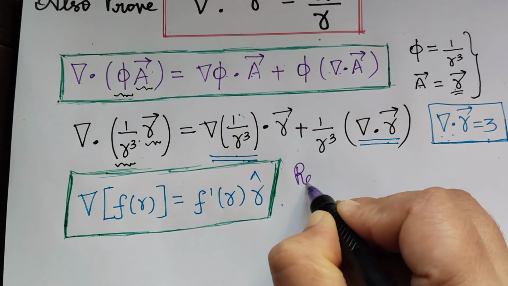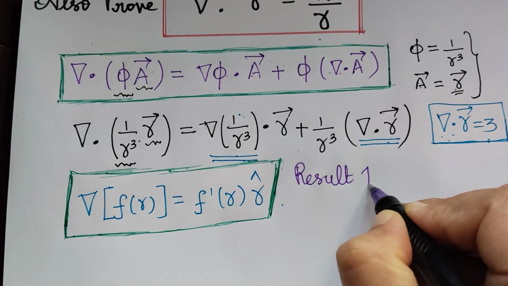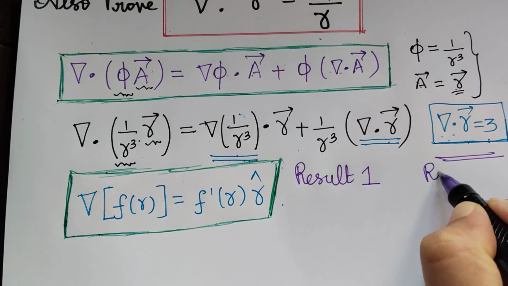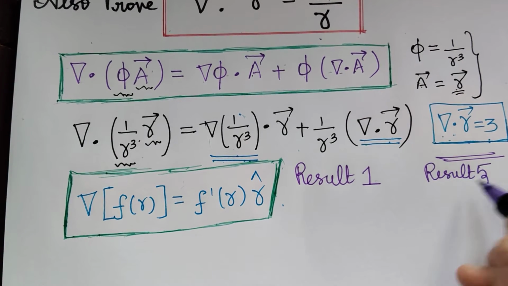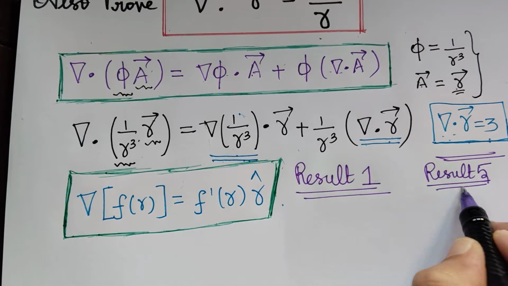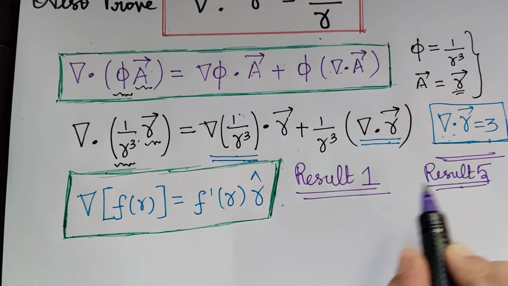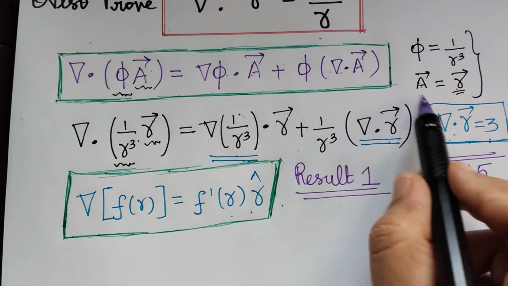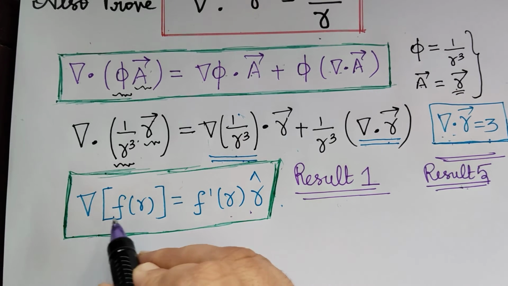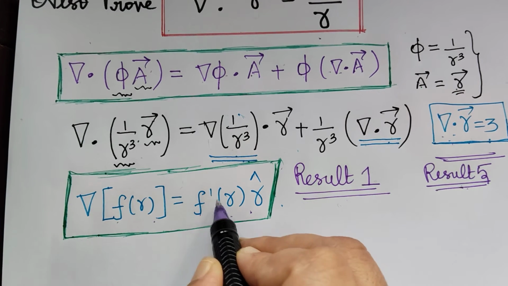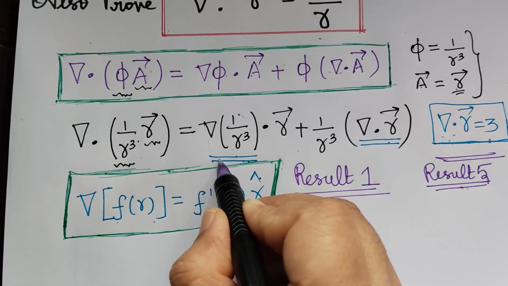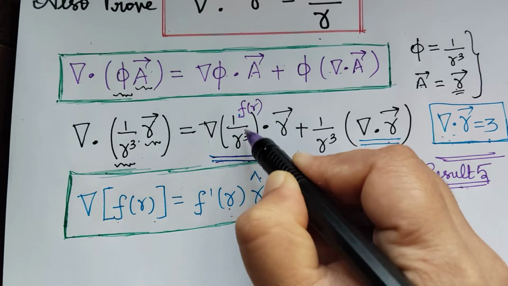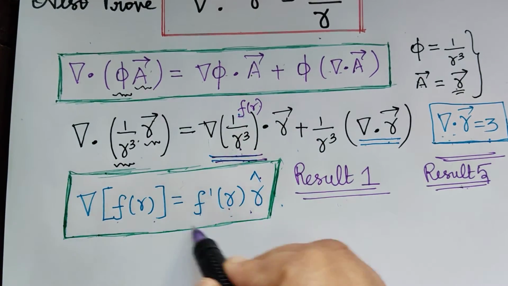This is result 1 as per our video lecture, and the other is result 5. Both these results have been previously uploaded, so kindly check them for your reference. Now we are going to make use of these two here. Nabla f of r is equal to f dash of r multiplied with r cap. Now what is f of r? In the place of f of r, you have 1 by r cube.